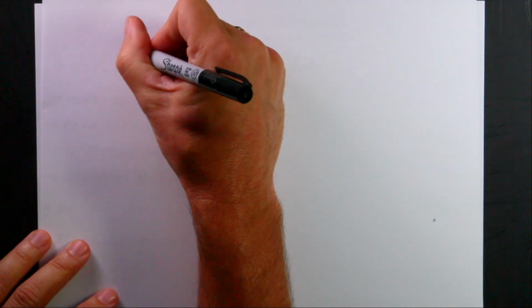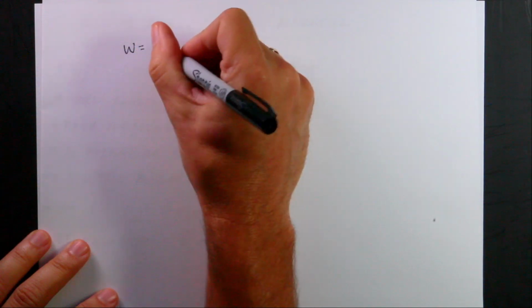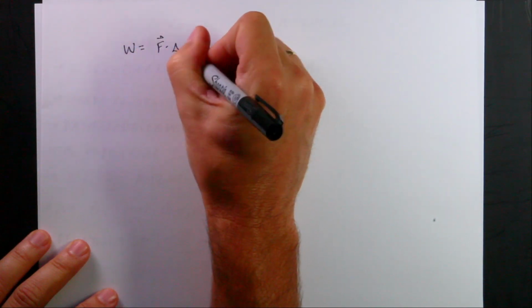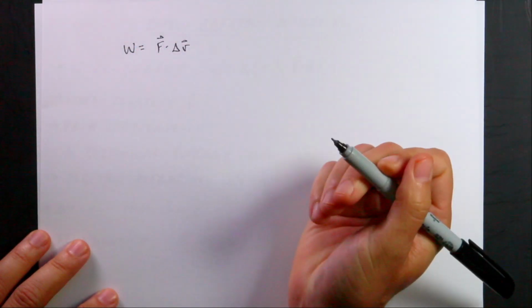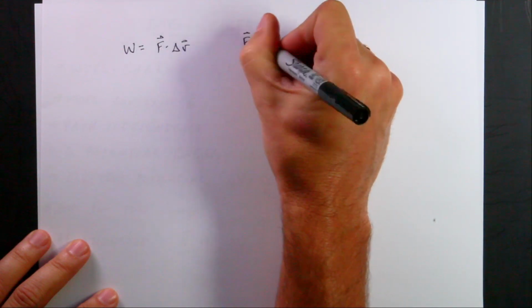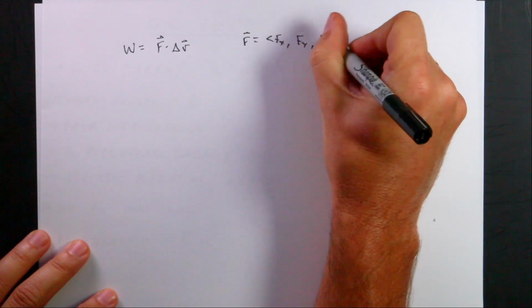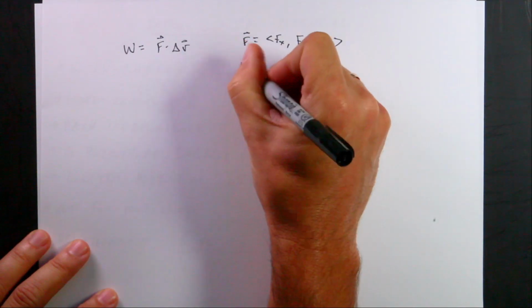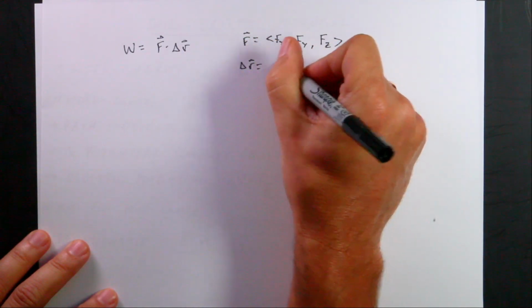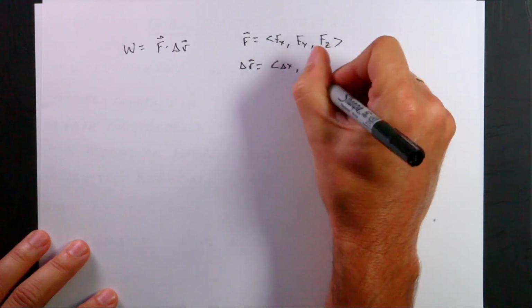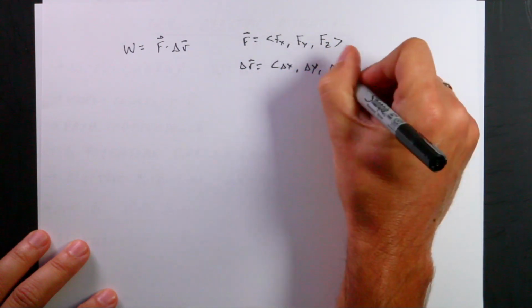Okay, so you may have forgotten the work energy principle, and that's cool. Okay, well, it's not cool, but. So we define work for a constant force as F dot delta R. So if you remember, if I have F as the vector Fx, Fy, Fz, and delta R as a displacement, I'll call that delta x, delta y, delta z.